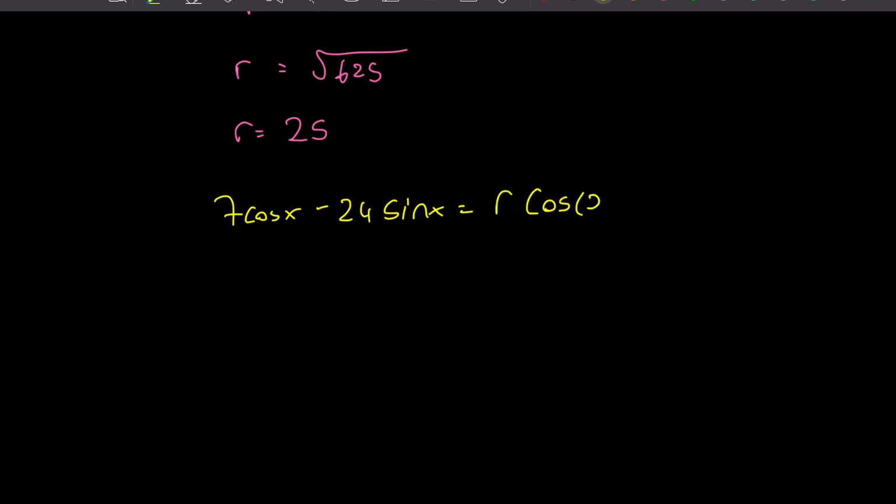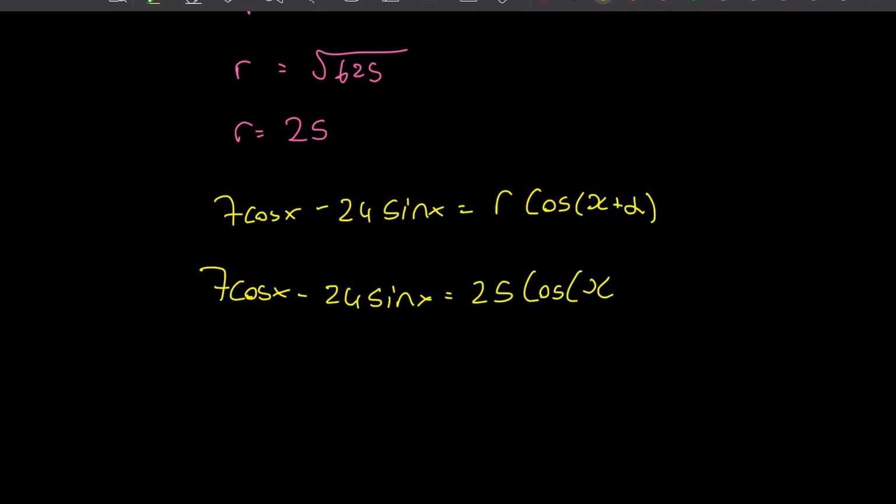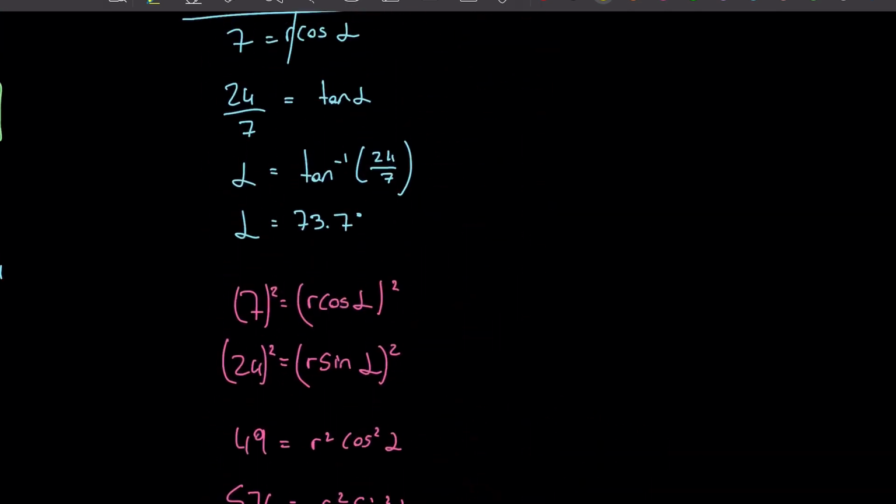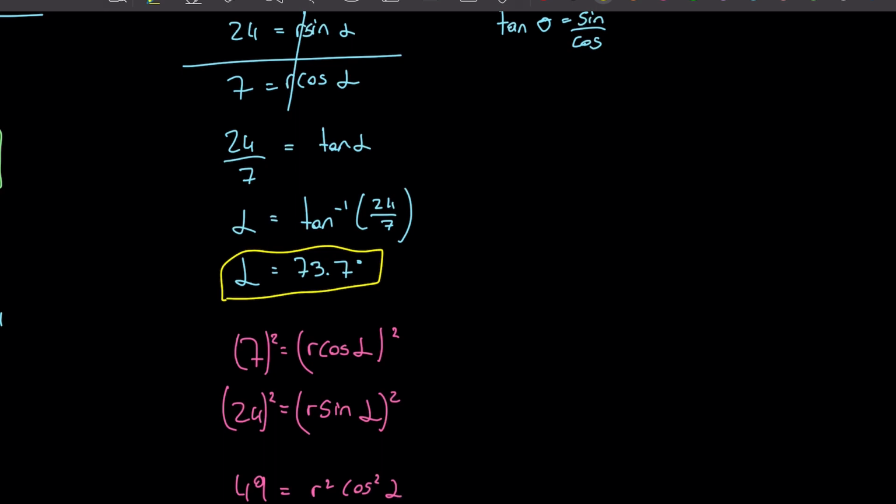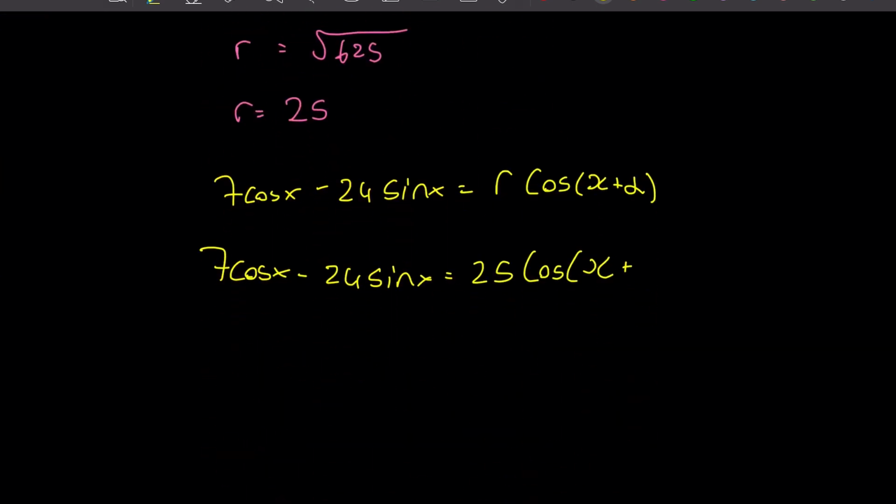And now we know r is 25 times cos of x plus alpha, which alpha was found up here to be 73.7. So cos of x plus 73.7. And that's great. So we just found it in that form.